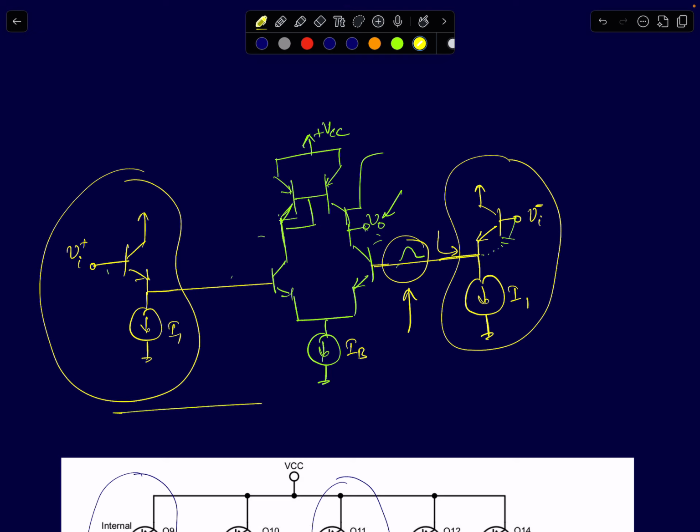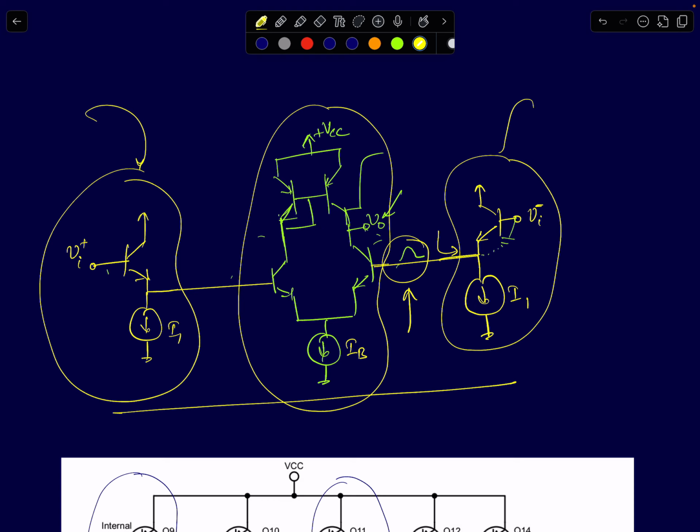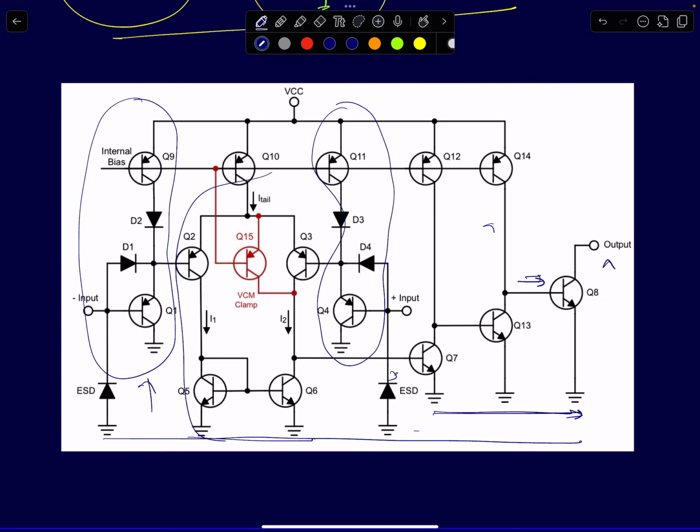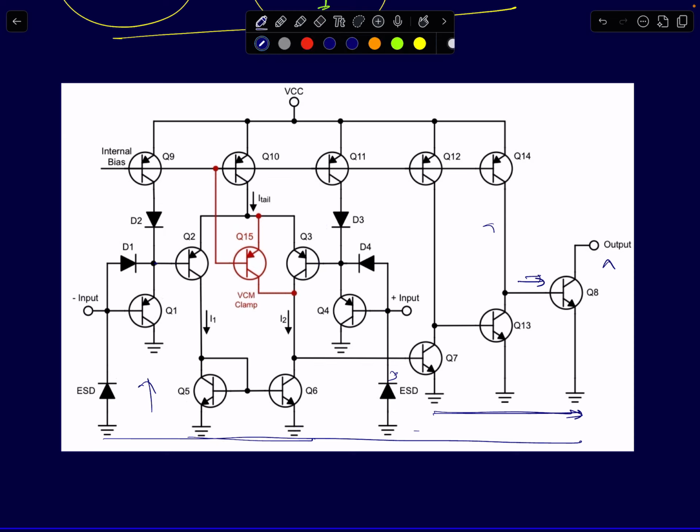What I've shown here is an NPN transistor based implementation: an NPN transistor based common emitter differential to single-ended converter and an NPN transistor based common collector configuration. What we saw in the 393 IC is a PNP transistor based common collector and a PNP transistor based common emitter differential to single-ended amplifier. But the concept holds true. It's the same reason why it was added, and the reason was to reduce kickback noise.